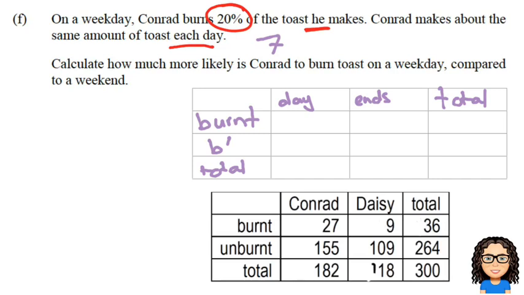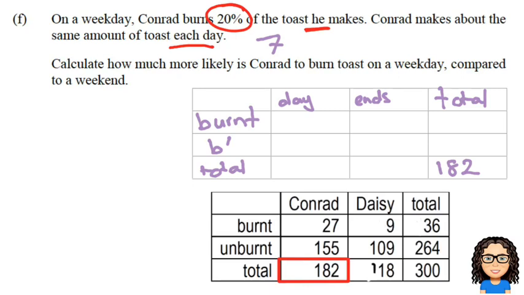So I'm going to start by thinking, well, how many times did Conrad make toast? And we know from the original data that Conrad made toast 182 times. So that means my overall grand total is 182, because this table is just about Conrad. Now I need to think about this 20% that I've got.